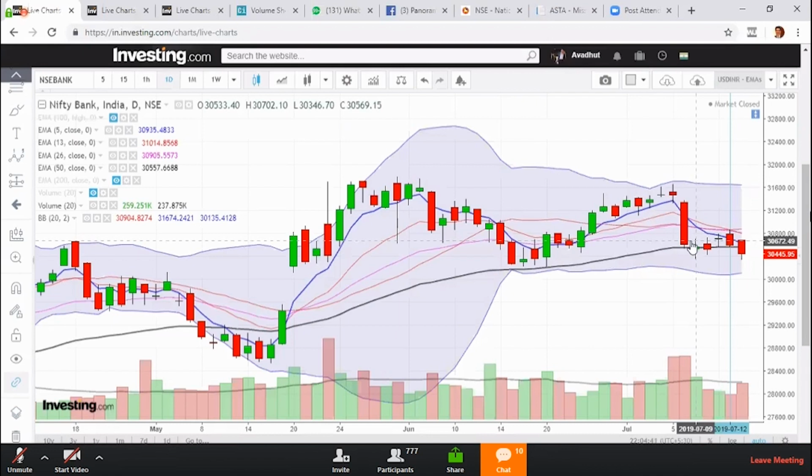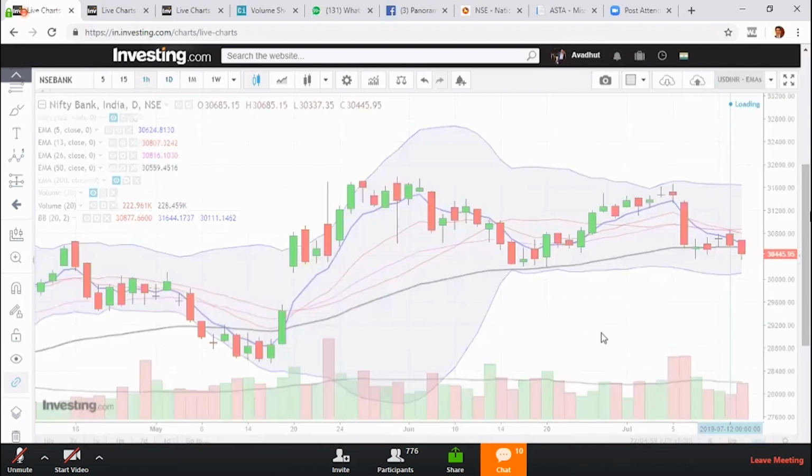Write down one more line which you must have heard many times: in a sideways market, buy when you feel like selling and sell when you feel like buying. Again I'll repeat: buy when you feel like selling and sell when you feel like buying. And this is exactly what we did today in the Wow team also.